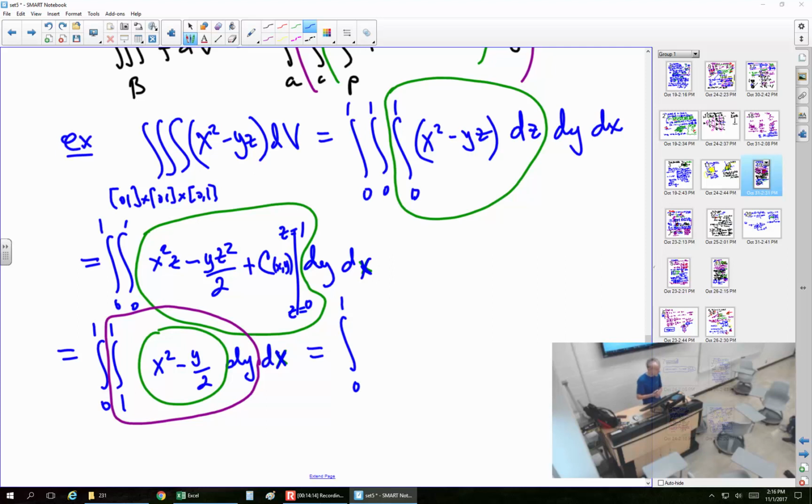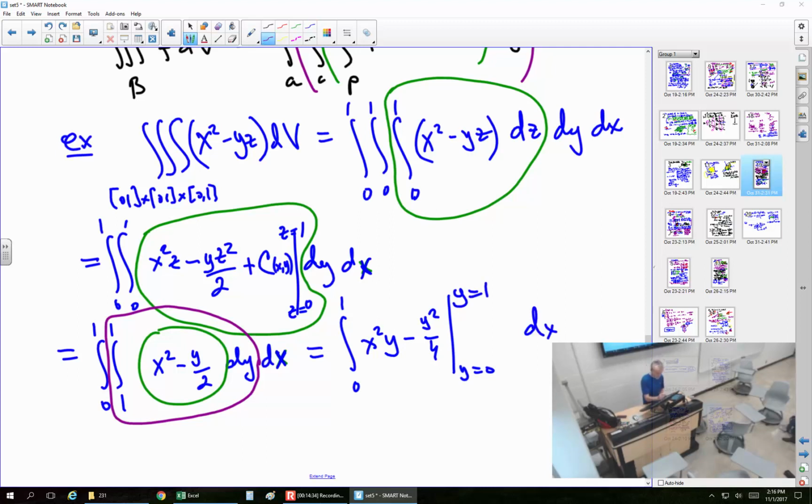Integrating x squared with respect to y gives me x squared y, and then minus y squared over 4. Once again, I drop c, since we're doing definite integration anyway, and the limits for y are from 0 to 1, dx.